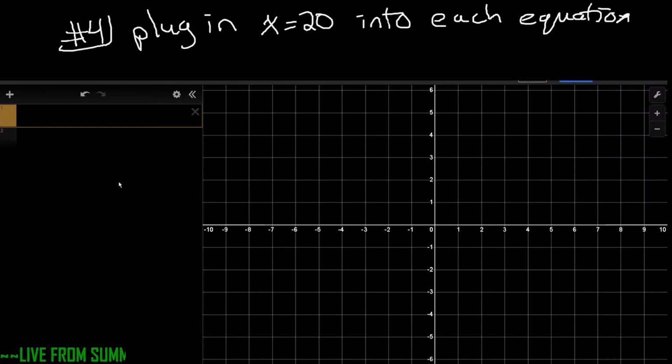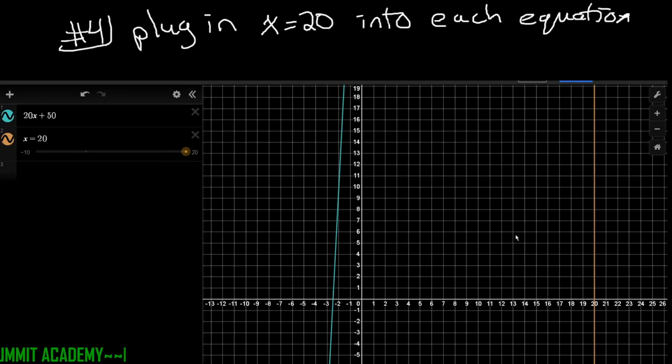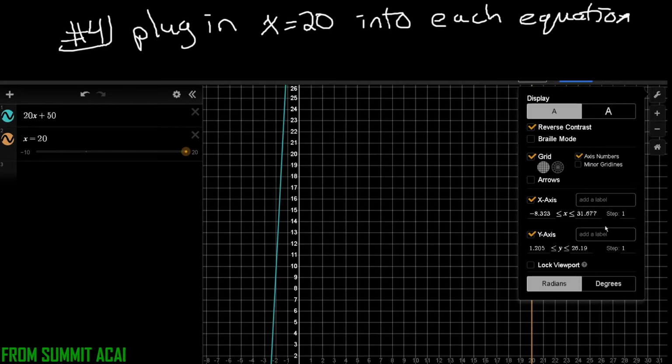In your Desmos calculator, looking at line A, I have 20x plus 50, so I have my equation, and I'm saying find x equals 20. So what I can do is find where x equals 20. And let's actually make some steps here, because we said the steps on the y was going every 10.